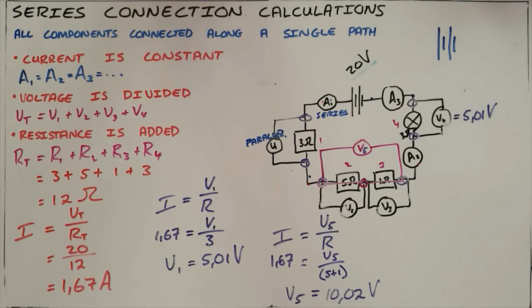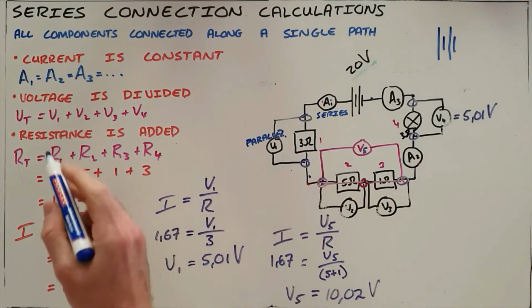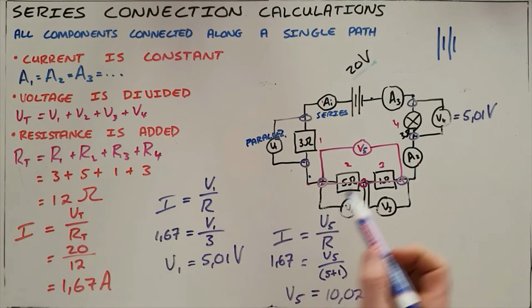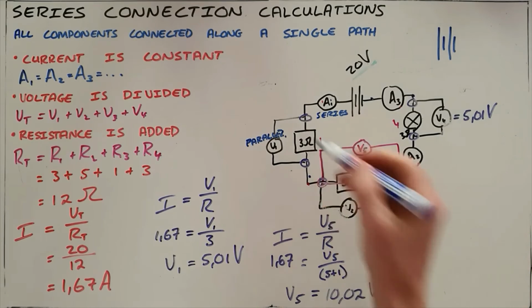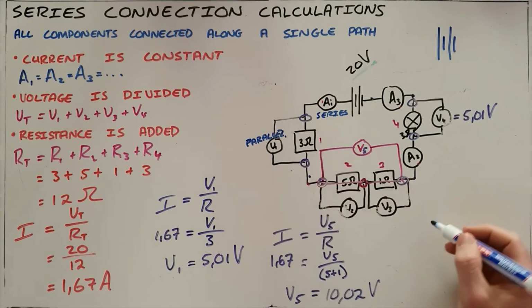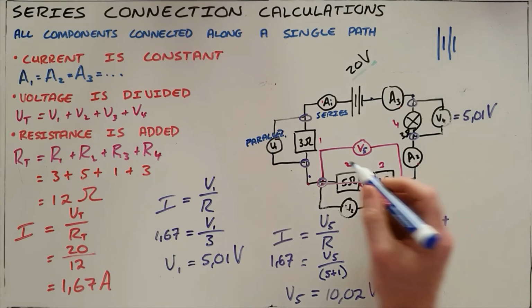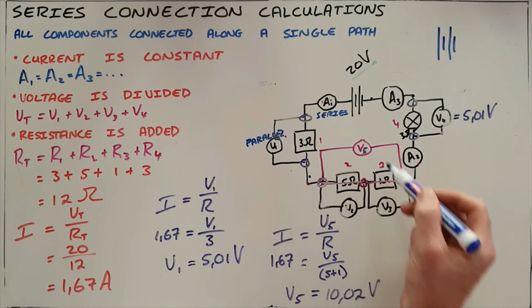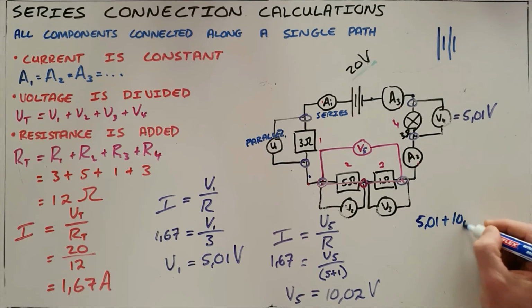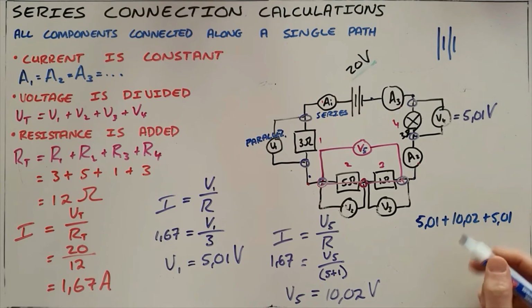What we can now also do is see that the second rule for series connections also applies, because our total voltage provided is 20 volts and the total voltage used is the sum of V1, which we worked out as 5.01 volts, V2 and V3, which we can combine to call V5 as 10.02, and V4 as 5.01, and we see that gets us to a value of 20.04 volts.